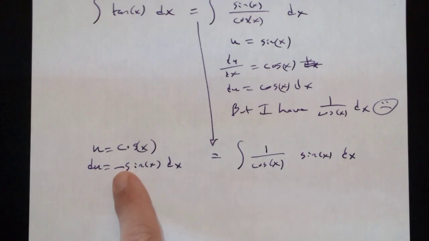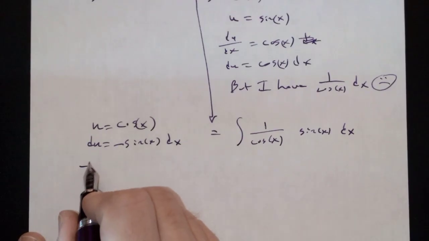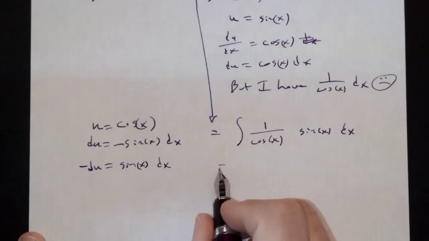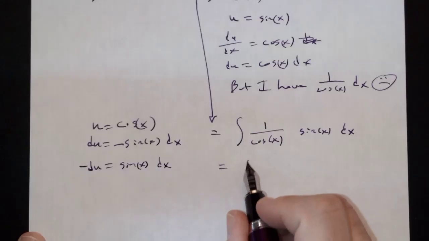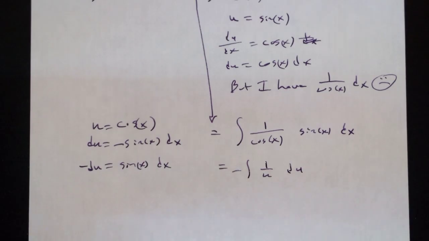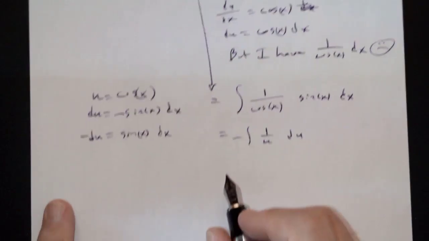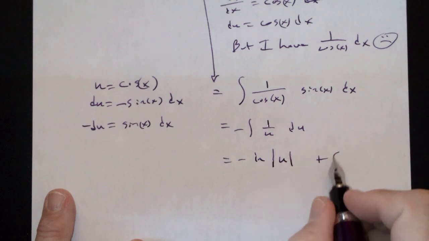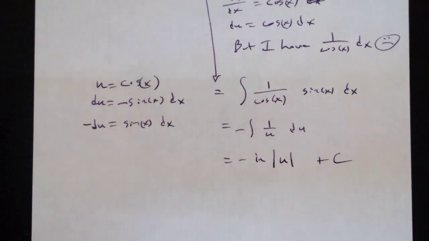Again, I either mess here or I mess here. Aha! Integral of 1 over u is ln, except I can't forget that absolute value.